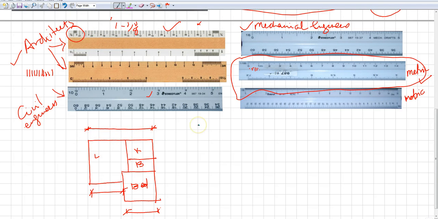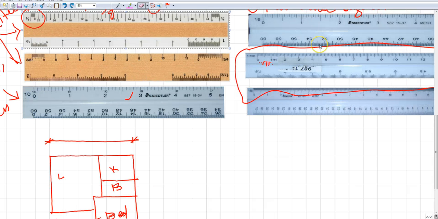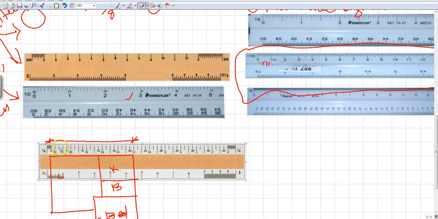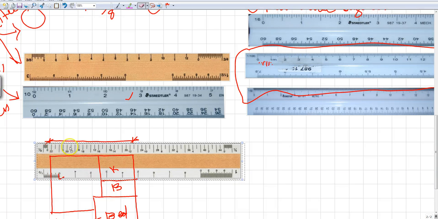These distances could be any numbers because I'm just doing it approximately, right? So I'm going to use the architect scale and bring it down to put it onto the right spot. Okay, so I will line it up with the start. I think that should be fine.